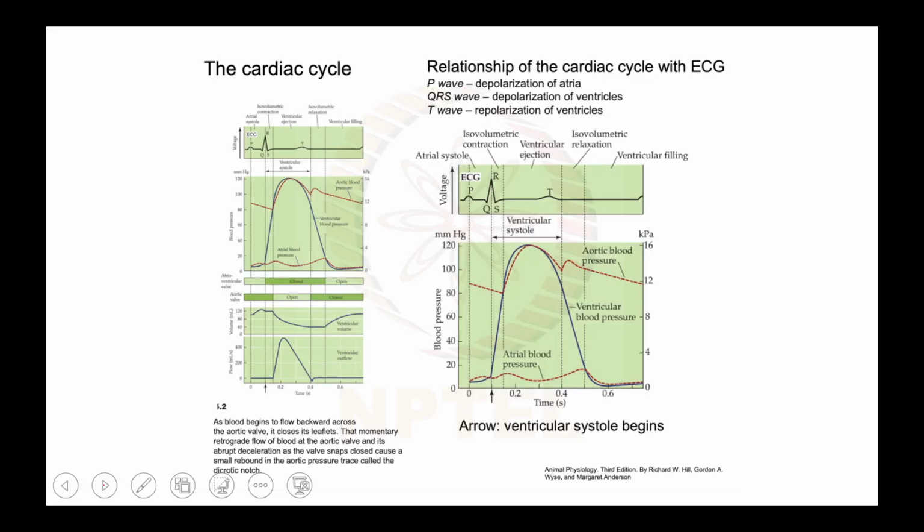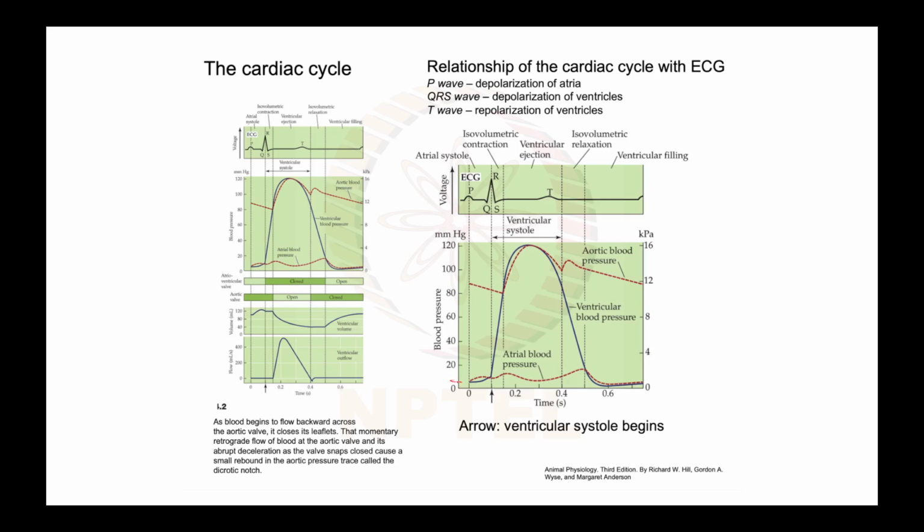This is the diagram we studied in the last session, showing ventricular systole and the blood pressure in the left ventricle. Usually the blood enters with a very low pressure, about 3 to 4 mmHg, when it goes from the left atrium to the left ventricle.